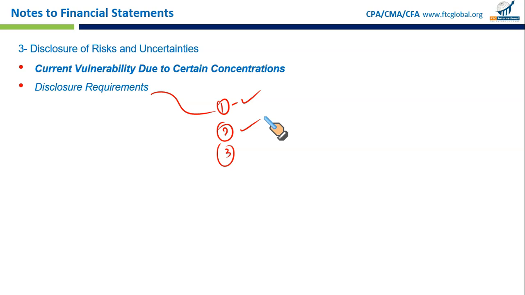So if all of these conditions are present, then company must disclose concentration risk. First, the concentration is present when the financial statements were prepared. 2, the concentration could cause a major problem for the company soon. 3, it's likely that something could happen in the near future.